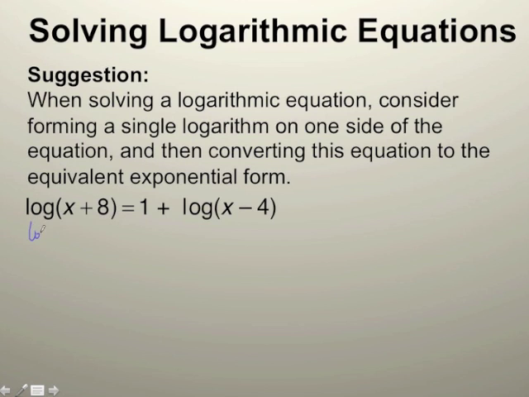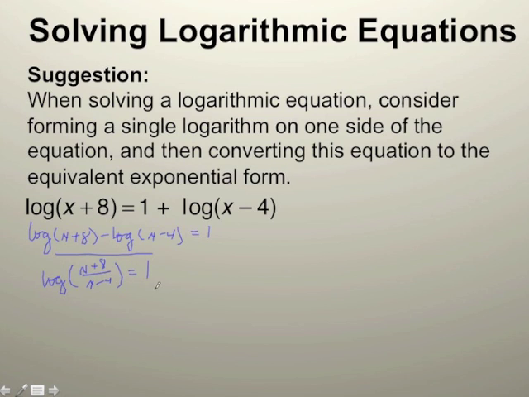That will give me the log of x plus 8 minus the log of x minus 4 equals 1. I can combine this into one log. It's a subtract, which means the arguments are divided. The log of x plus 8 over x minus 4 equals 1.